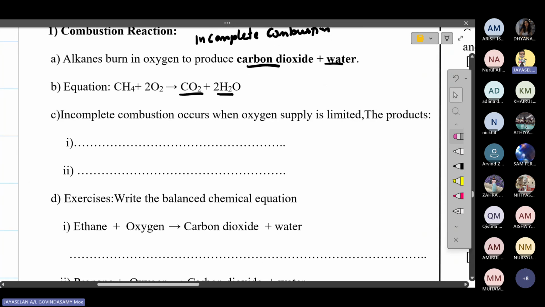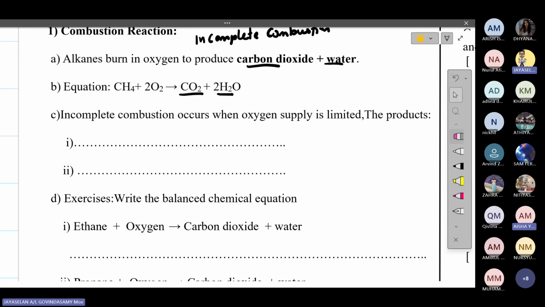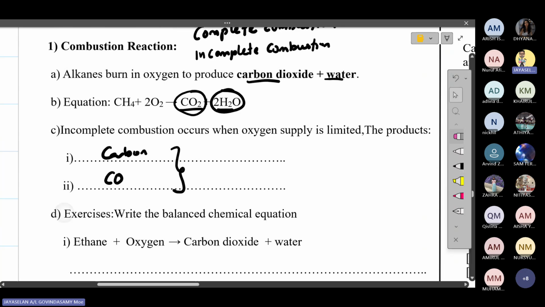Carbon or carbon monoxide? Very good, girl. Carbon and carbon monoxide. Please remember this, incomplete combustion, carbon and carbon monoxide. Complete combustion, carbon dioxide and water. Wajib hafal untuk objective question. Can I? So please write down. Very good.